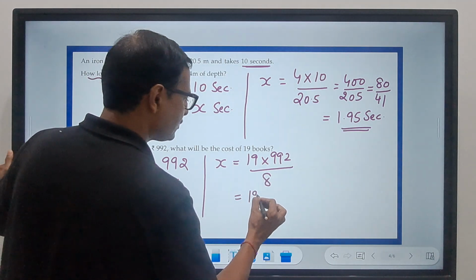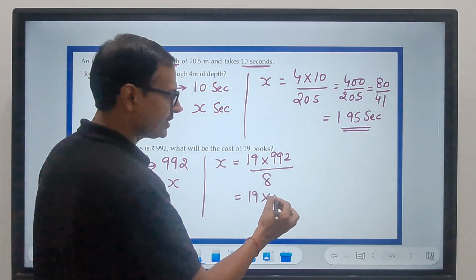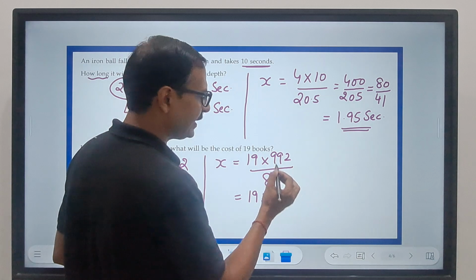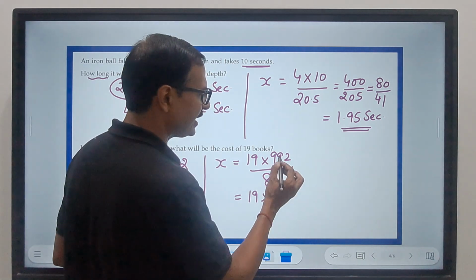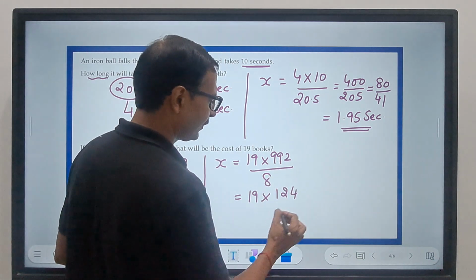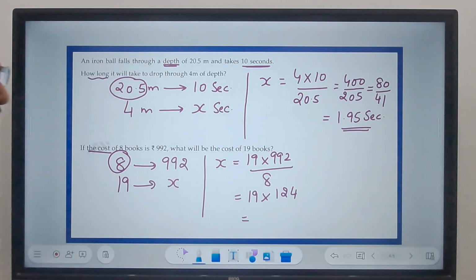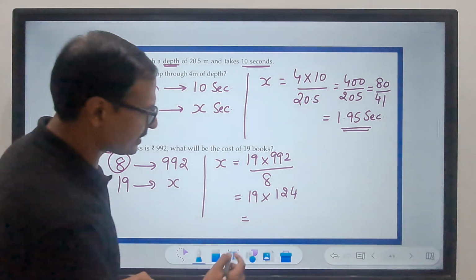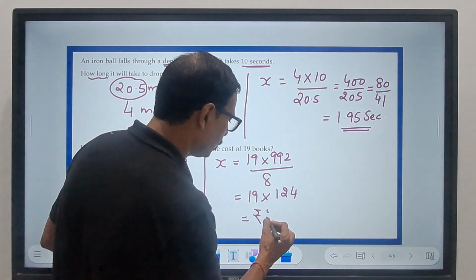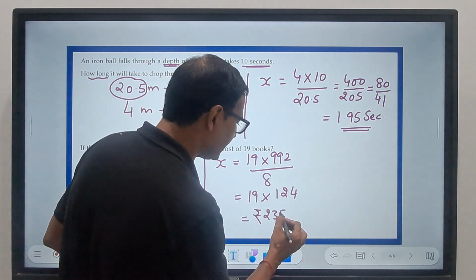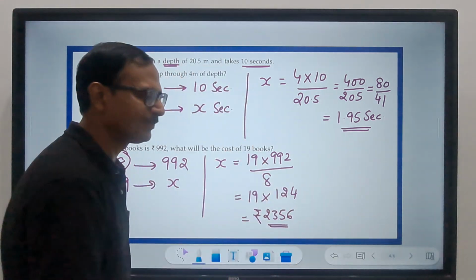So let's divide 992 by 8. 8 ones are 8. 19 means 8 twos are 16 and 32 means 4. And here we go. The cost of 19 books will be obtained, and this is 2356. So rupees 2356 is the cost of 19 books.